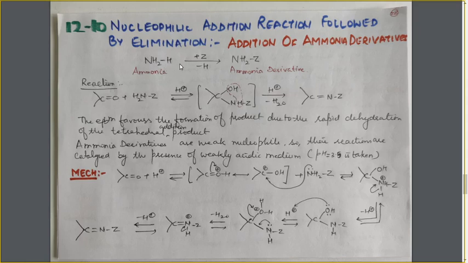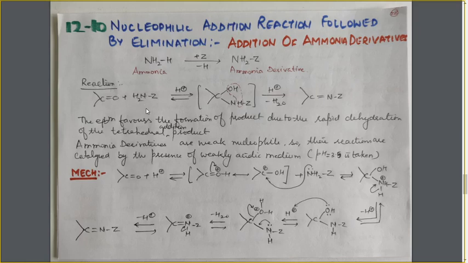If this H is replaced by a Z group, and these are different groups we will discuss later on, the product formed is NH2Z. These compounds are known as the ammonia derivatives.